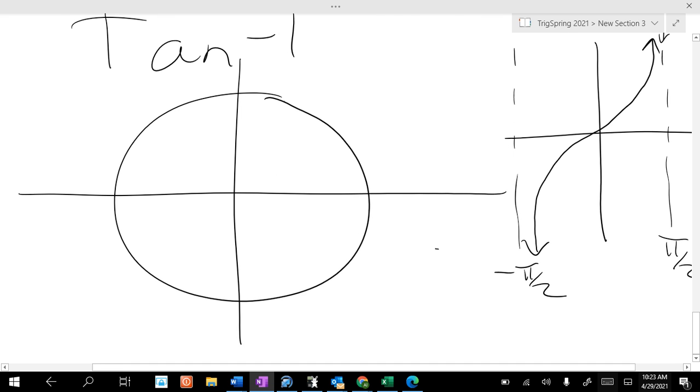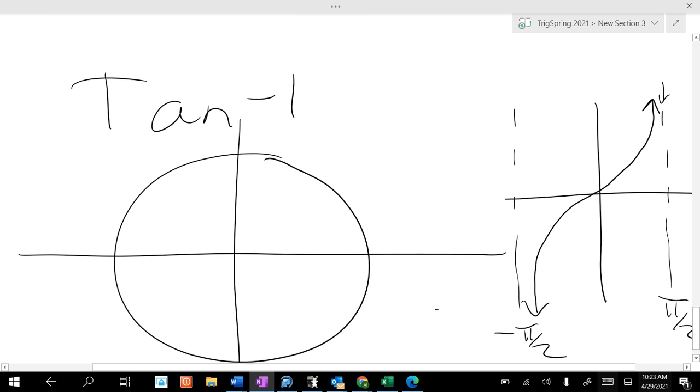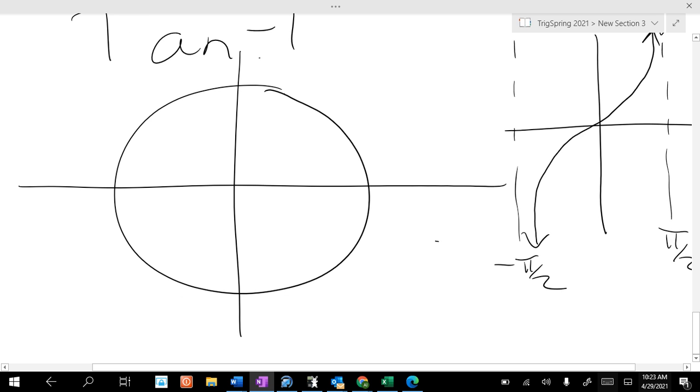And to make life sane, we do the same for tangent as we do for sine. So it goes from negative pi over 2 to pi over 2. So the domain and the range, we'll talk about range first because I think that's easier. The range is your original domain.